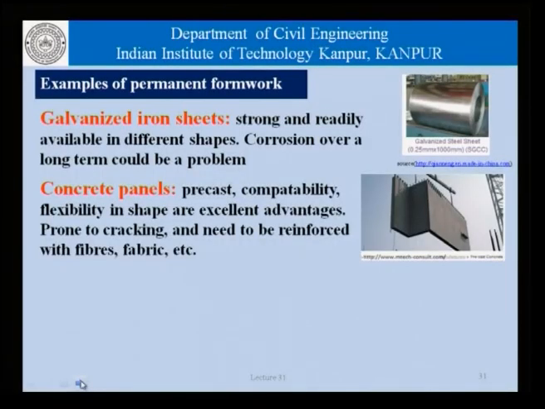Concrete panels which are precast are highly compatible with concrete construction. We have flexibility in shape and excellent advantages in that context. However, these concrete panels are prone to cracking and need to be reinforced with fibers and fabric like we saw in the previous pictures. And here is an example of these panels being erected and placed in position for the concrete to be cast.